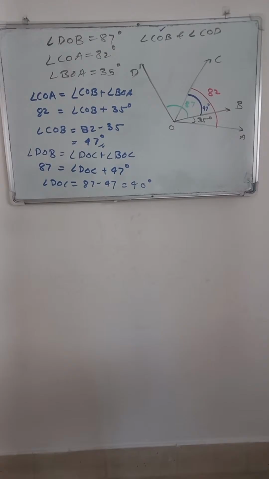Prove that AB is parallel to CD. Prove that AB is parallel to CD. In the figure, PR is the angle bisector of angle APQ. Prove that AB is parallel to CD.